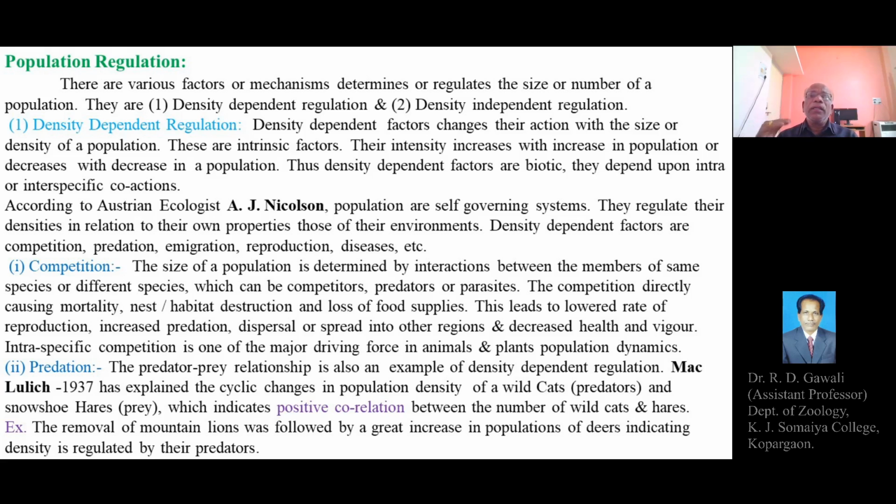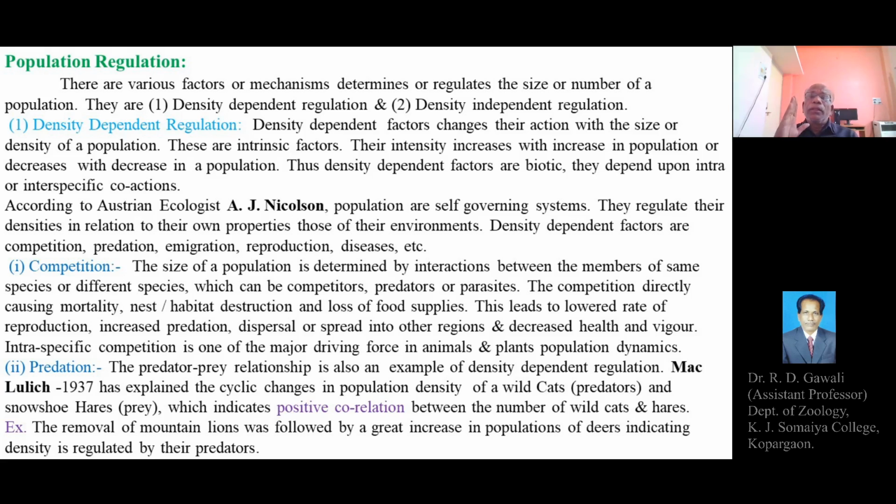So whatever density dependent factors or intrinsic factors are changing on the basis of change in population size, whether the number of individuals is increasing or decreasing in a population, that is affecting the changes in the intrinsic factors or the density dependent factors.